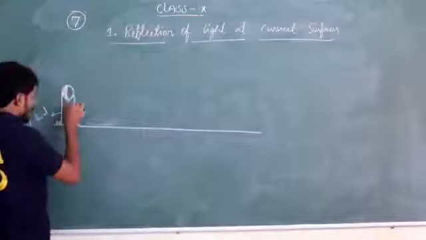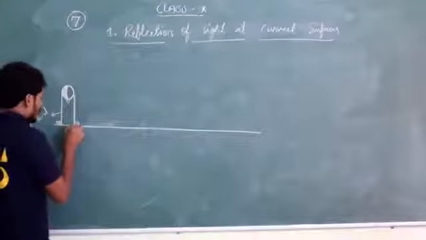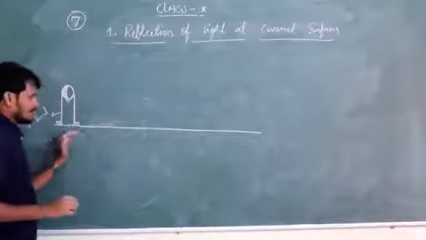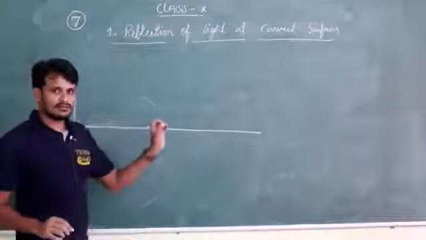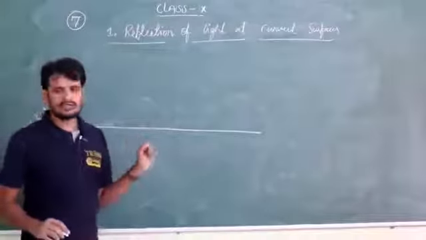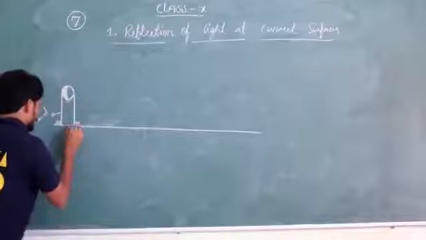Now by using the scale, from where you have placed the mirror, onwards, you can take some measurements, like labeling the measuring lines here.